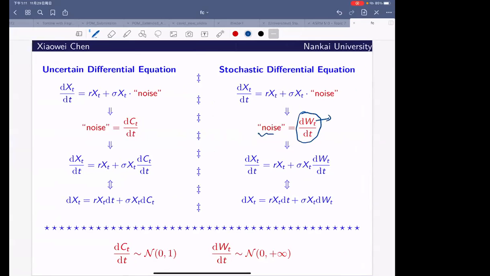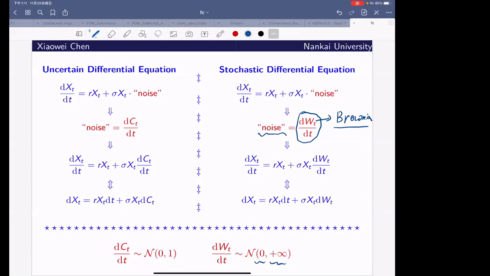Here, W is the Brownian motion, which you can also call a Wiener process. This noise has a probability distribution with expected value 0 and variance infinity. So this is a very big problem in the application of the theory.